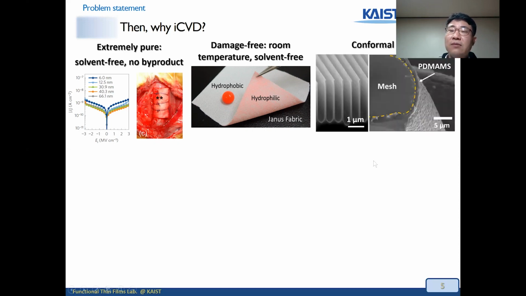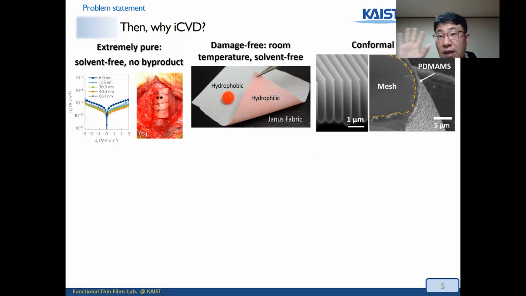And the third important thing is the conformal coverage. Since the polymer film grows from the adsorbed monomer and it grows from its surface, it gives pretty good conformal coverage characteristics, which critically differentiate this process from the liquid phase one.